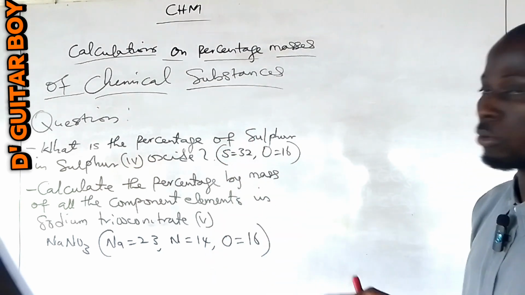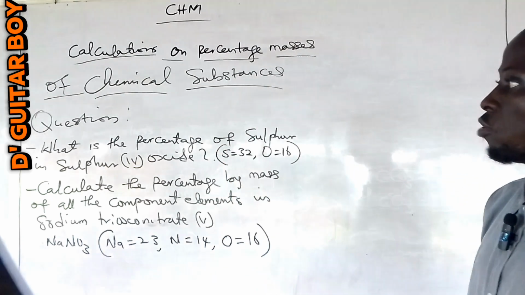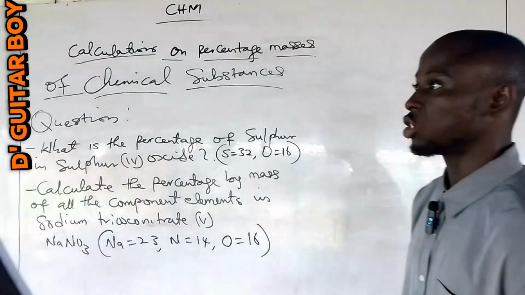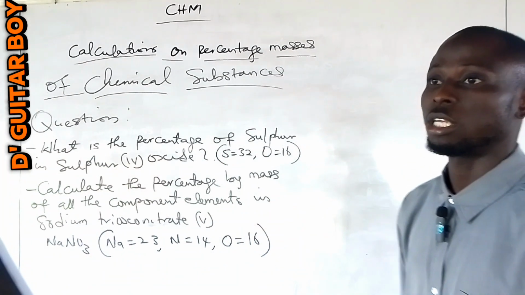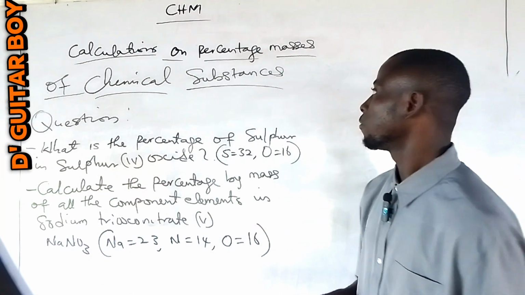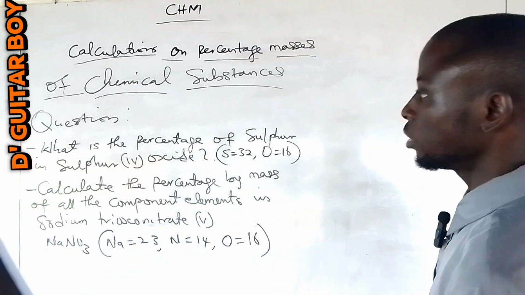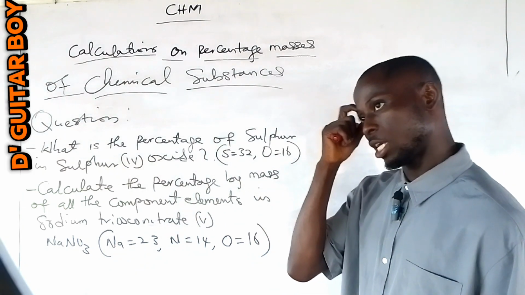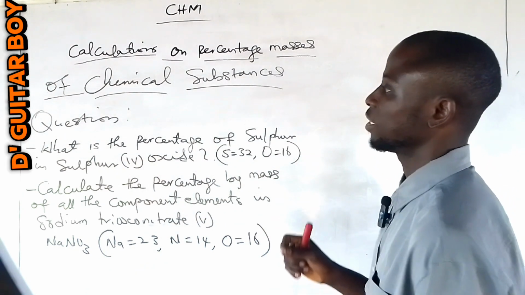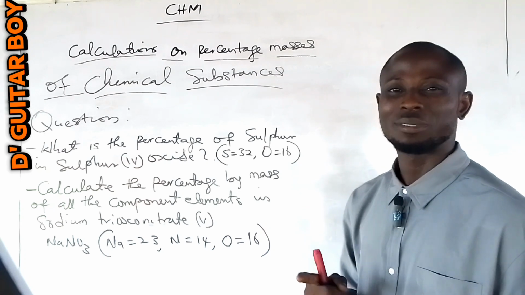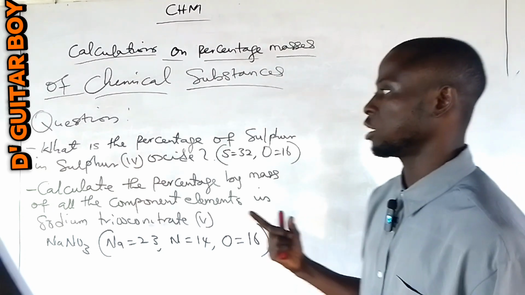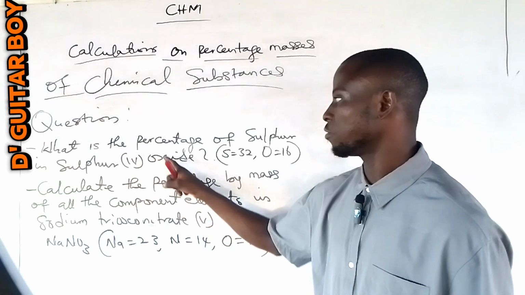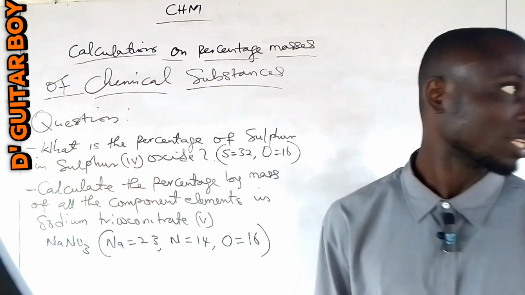They are simple. If you have the knowledge of percentage calculations in mathematics, this one will be simple for you. Now, one thing you should know here is, especially in JAMB and WAEC, most of the time they give you the formula of the substance.